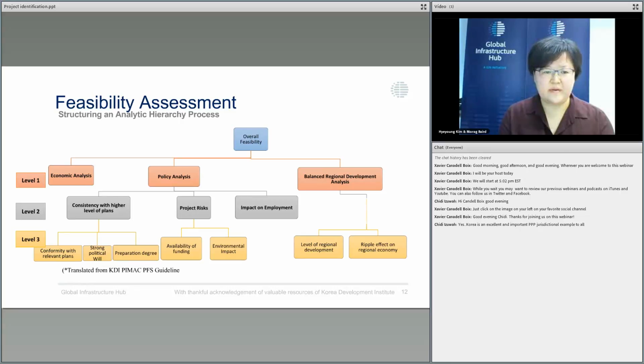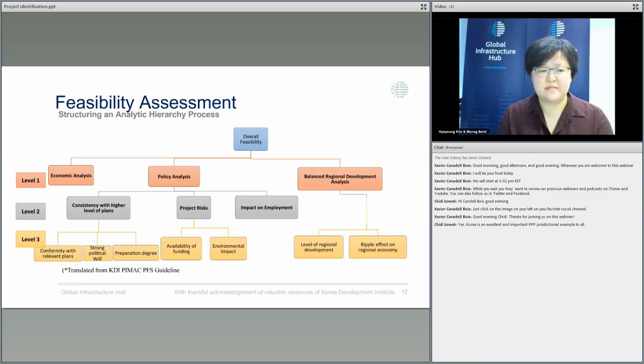For the policy analysis, we have sub level 2 elements: consistency with the higher level plan, project risk, and impact on employment. And we have third level questions: conformity with the relevant plan, a strong political will, preparation degree, availability of funding, and environmental effect.